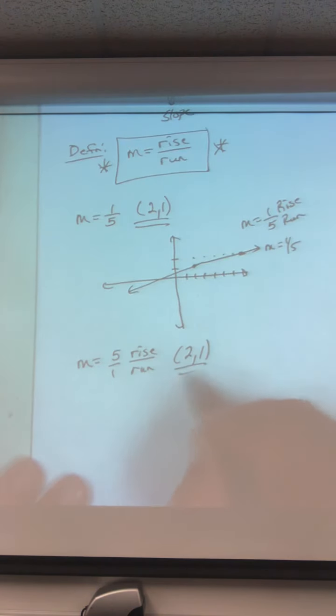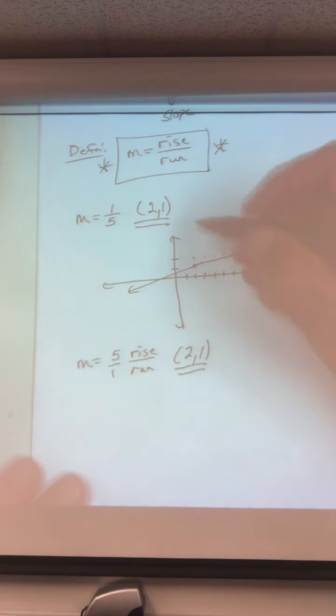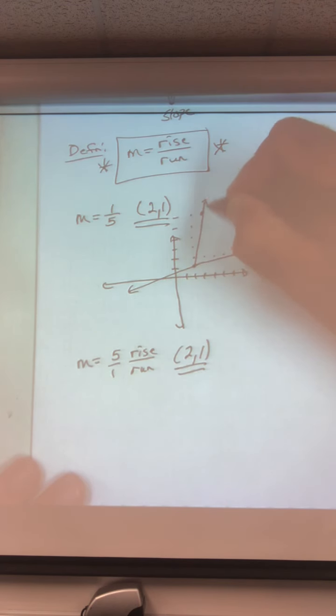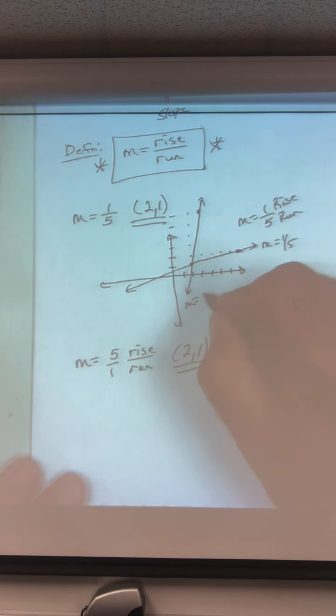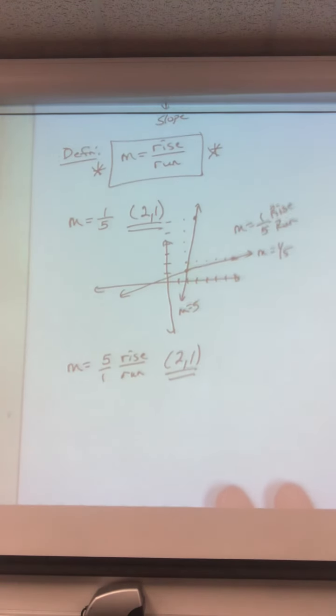But you still do it from this starting point. So I'll go right here and go up 5. Sorry, I ran out of room. So I go up 5, 1, 2, 3, 4, 5. Then I'd go to the right 1. Now draw the line there. And that line right there has a slope of 5.